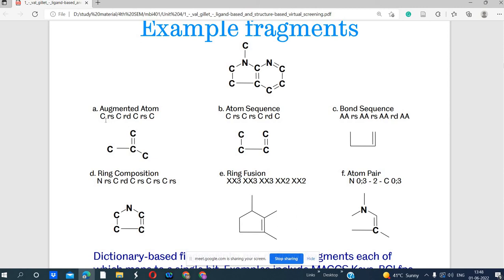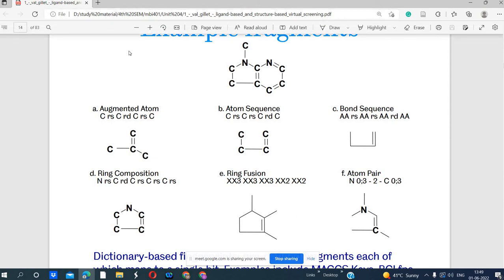In this figure you can see the structure in the upper panel, and these are different fragments of the same structure, like augmented atom, atom sequence, bond sequence, ring composition, ring fusion, atom pair.